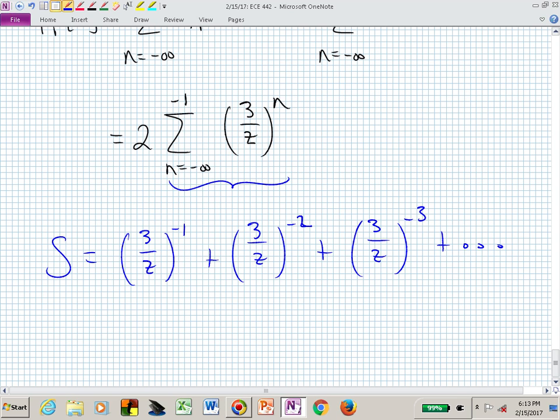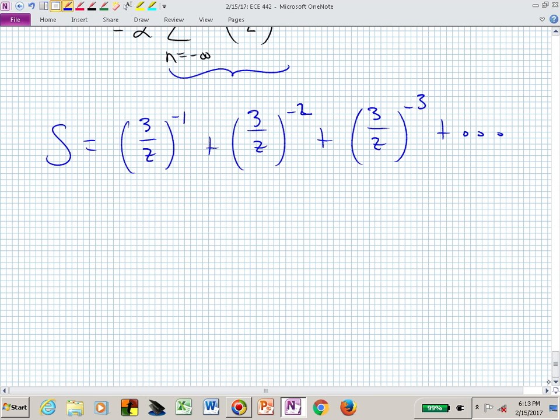What's the common ratio between these terms in the summation? Or what factor is there? 3 over z, right? And I'm just raising it to higher and higher, actually more and more negative powers.